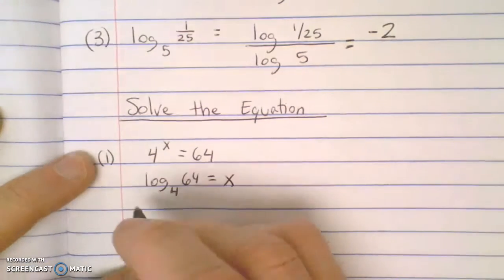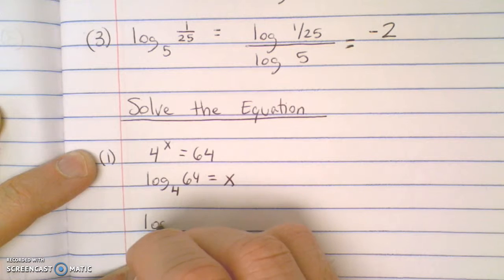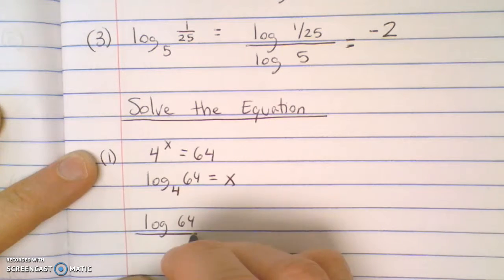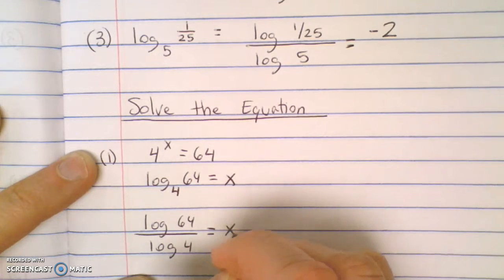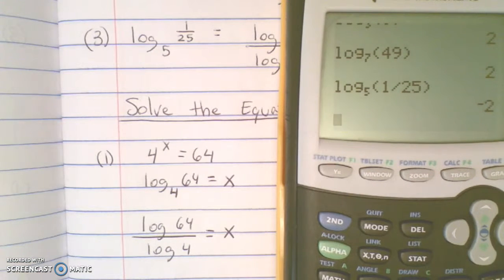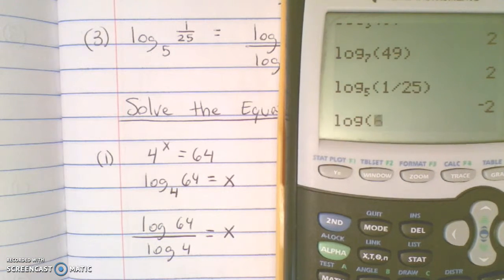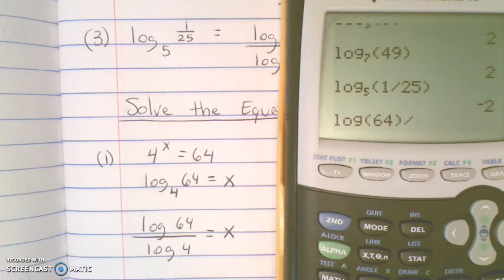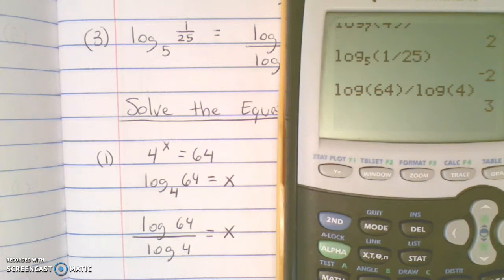So now I can just rewrite this as log 64 over log 4. Or if you wanted to use the shortcut on the calculator, you could also just use the calculator shortcut. So doing log 64 divided by log 4, I find that the value for x is 3.